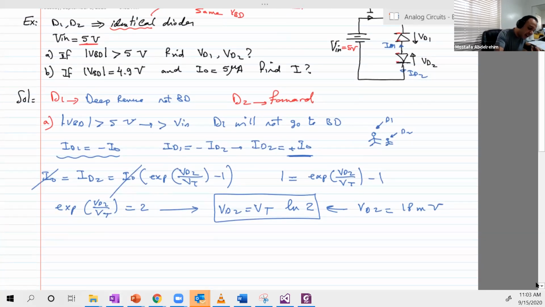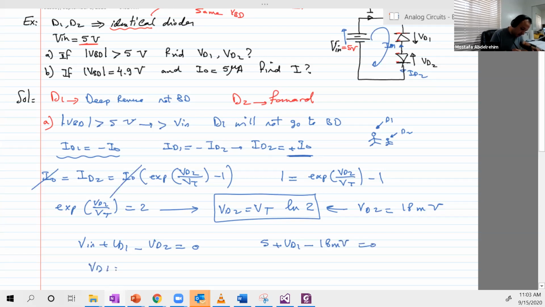Now let's calculate VD1. Now, here we have a loop. So V input plus VD1 minus VD2 equal to 0. V input is 5. VD1 is unknown. VD2 is 18 millivolts, equal to 0.